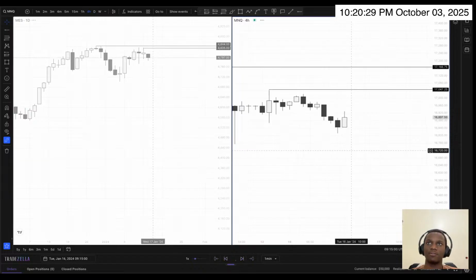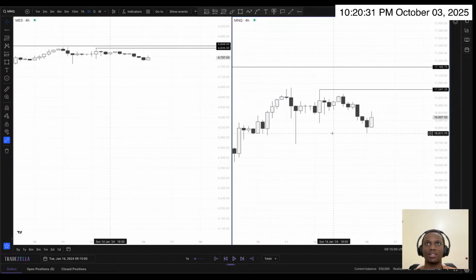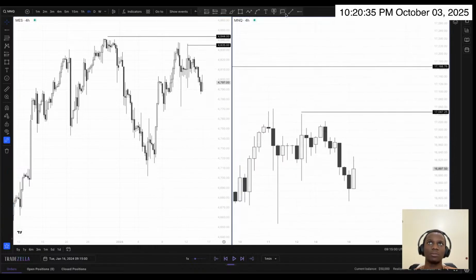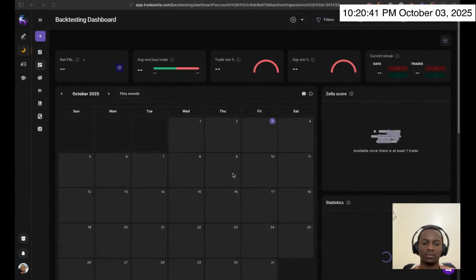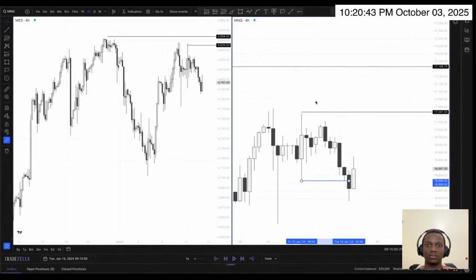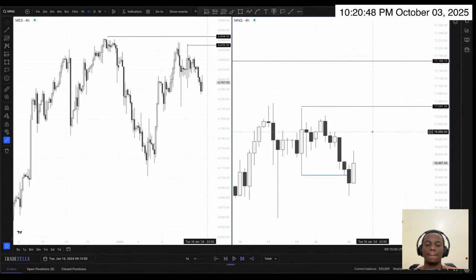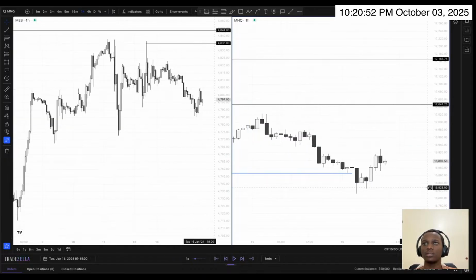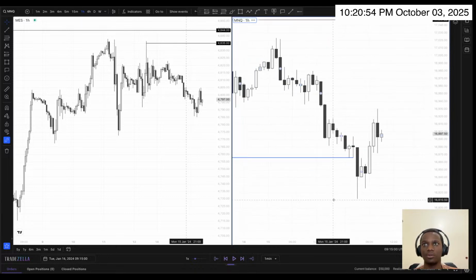Now we go to the 4 hour, see if there's anything that could catch our interest, such as this liquidity sweep. Now go down to the 1 hour. Let's see, is there anything good on the 1 hour?